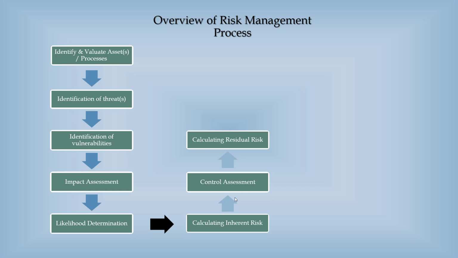That results in reasonable results, hence resulting in a better risk assessment activity. Afterwards, we are able to see what the residual risk is on a particular asset or process.